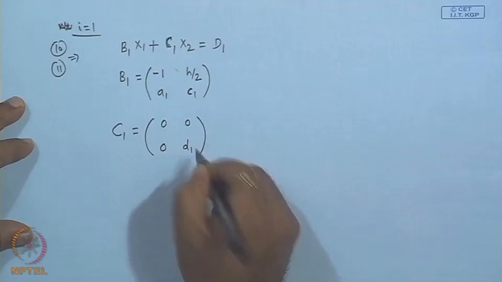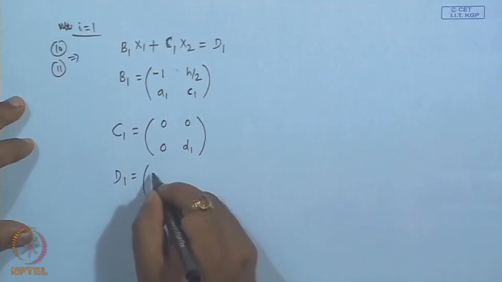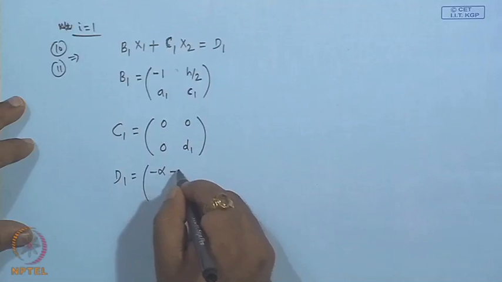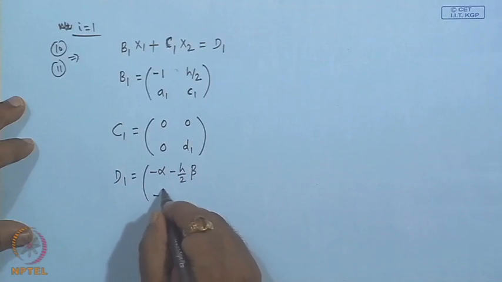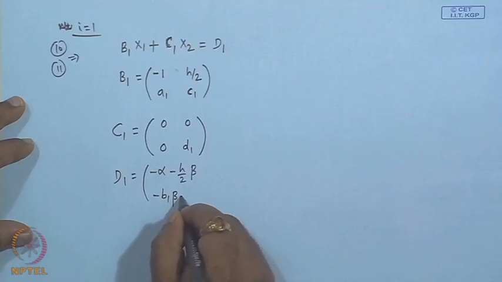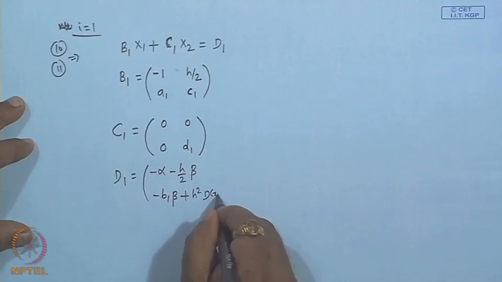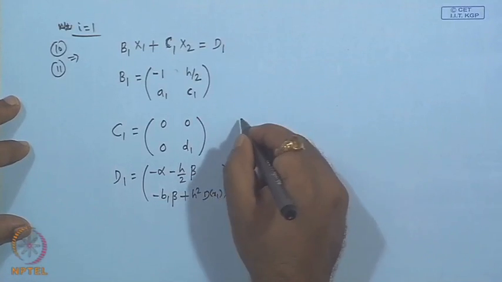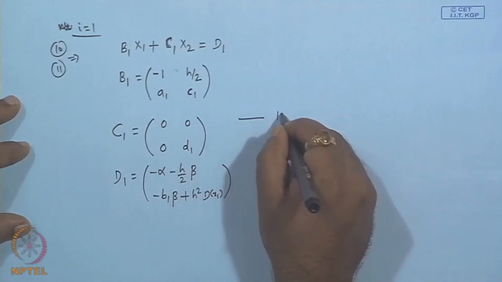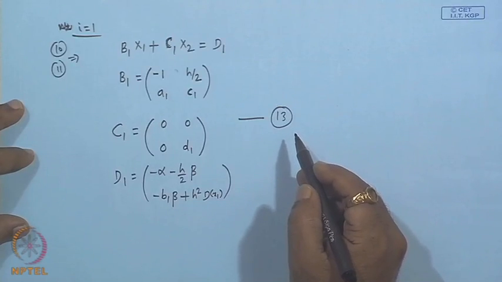Then d 1, and d 1 is minus alpha minus h by 2 beta minus b 1 beta plus h square d of x 1. Okay. So, this is 13. Okay. So, this is 13.